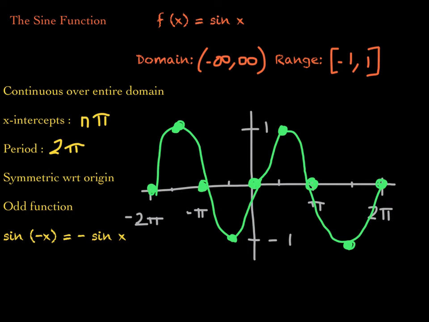Notice that all of your x-intercepts, look at this, -2 pi, -1 pi, 0 pi, 1 pi, 2 pi, and next would be 3 pi, 4 pi, 5 pi. So all of the x-intercepts are of the form n pi, where n is an integer. Basically, all of the multiples of pi are your x-intercepts. The period is 2 pi, so from 0 to 2 pi, you get all the function values, right?